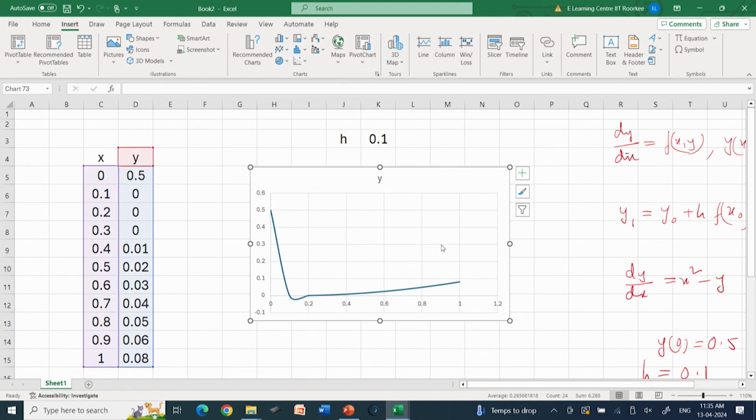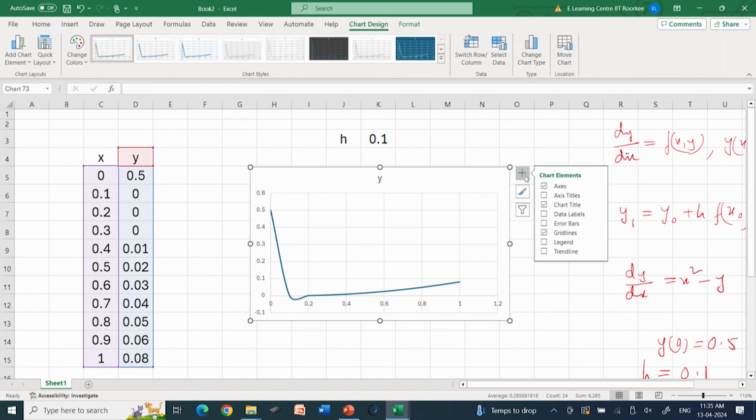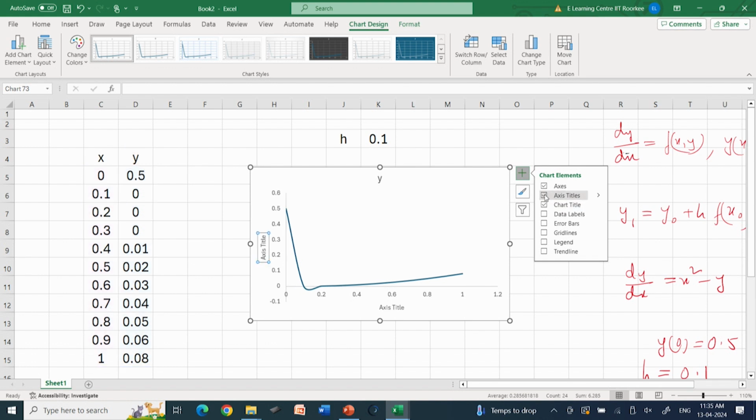It's totally up to you. Now, I will label them a bit. So, here is the plus sign. I don't like the grid lines, so I will remove the grid lines. If you want the grid lines, you can keep them. The chart title is there, the axis title I want, and the legends I want.